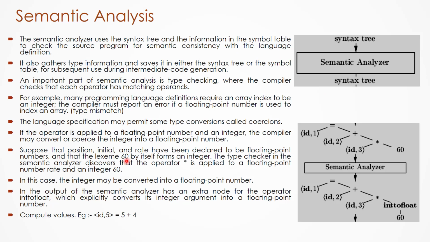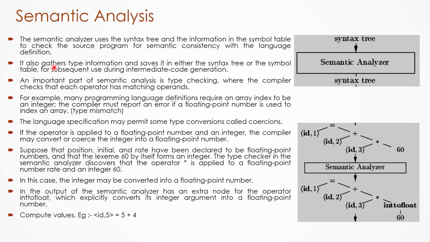Next is semantic analysis. The semantic analyzer uses the syntax tree and the information in the symbol table to check the source program for semantic consistency with the language definition. So the semantic analyzer uses the output of the syntax analyzer and also the information in the symbol table.